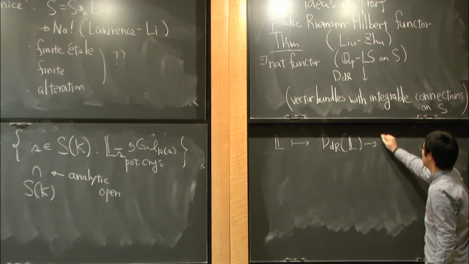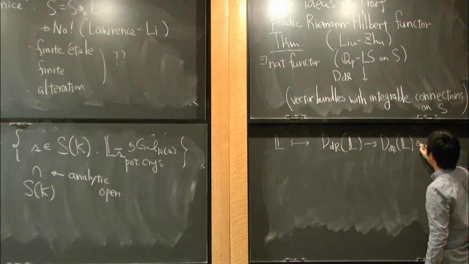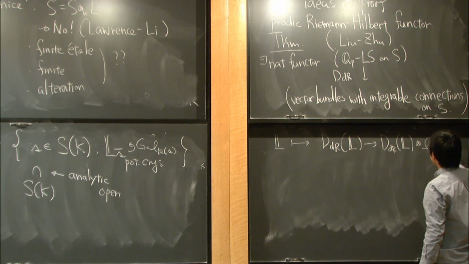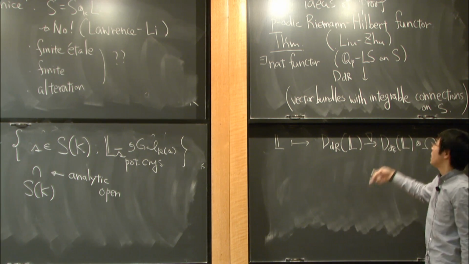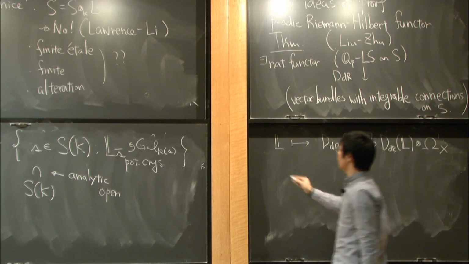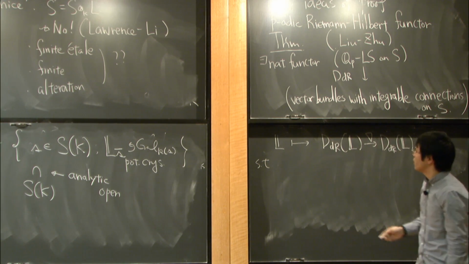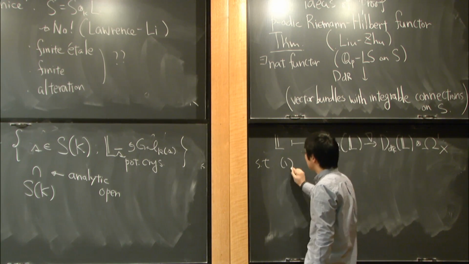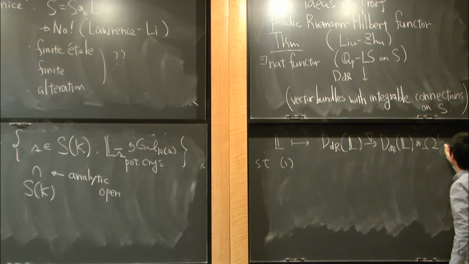By connection, I mean a map from D_dR(L) to D_dR(L) tensor the differential forms Omega^1 of S, satisfying the Leibniz rule. And by integrable or flat, this means nabla squared is equal to 0. And then satisfying various nice properties.